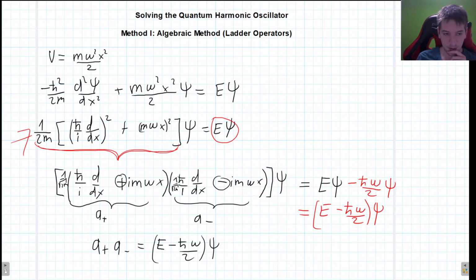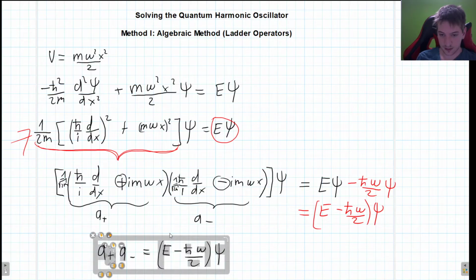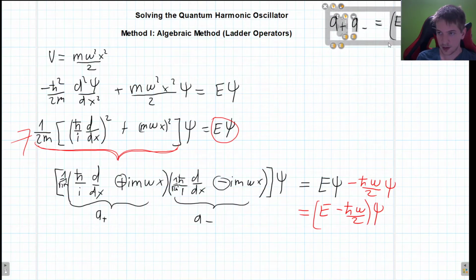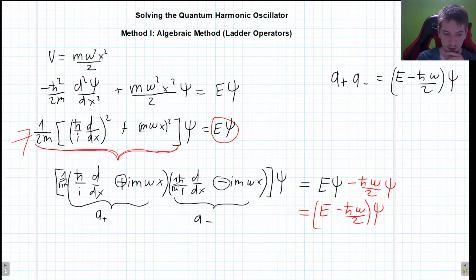So I'm going to now put this in the corner because it's a very important result. Okay, that's important. Oh, I'm actually covering it up with my camera. Let me move it somewhere else. I'm going to put it right there.